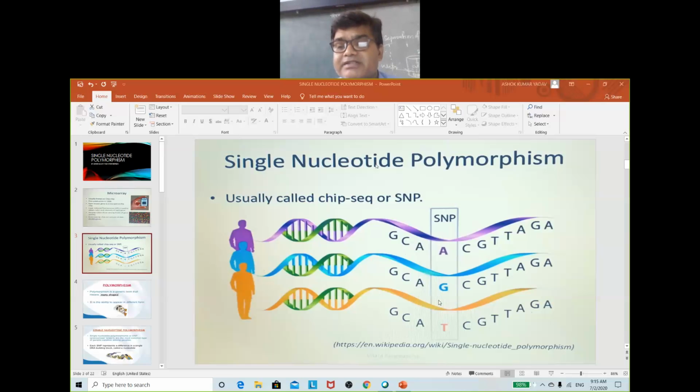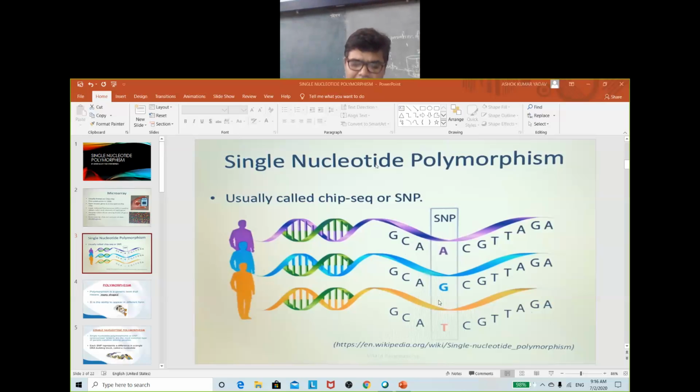Fourth point, susceptibility to a particular disease. Suppose there are so many diseases that are associated with a single nucleotide difference. In your CBSE textbook, if you go through page number 63, there is cystic fibrosis, on the left side there is cystic fibrosis disease.